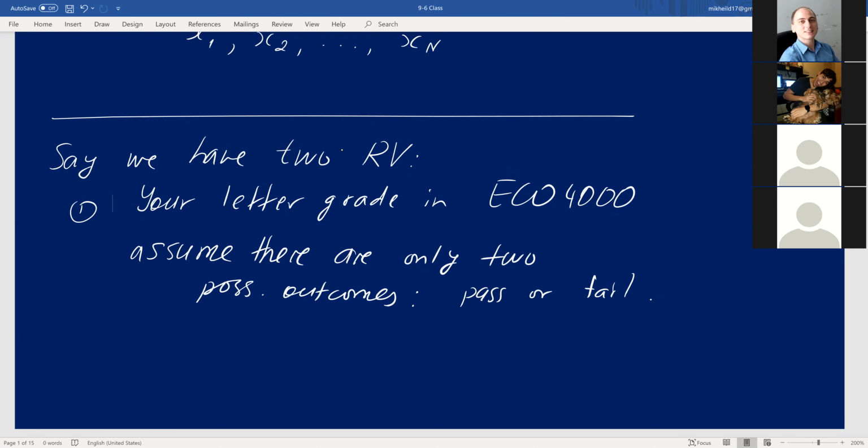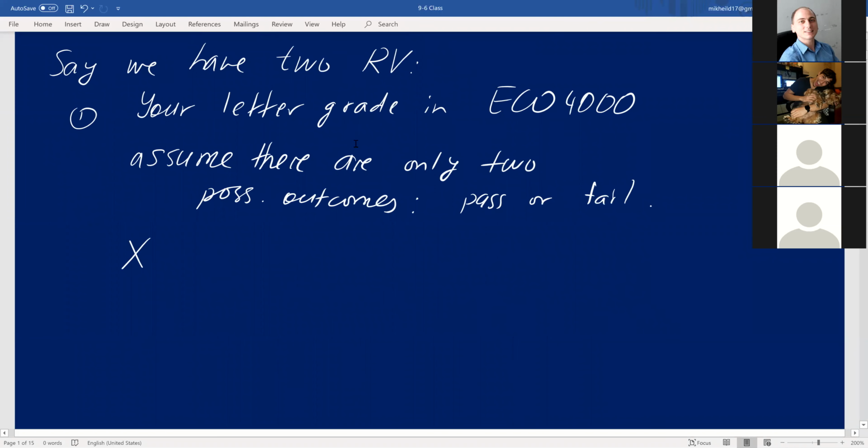Let's say this random variable letter grade in eco 4000 is denoted by X. And clearly there are two possible outcomes. Let's say X equals 1 if you pass the course, and 0 if you fail.